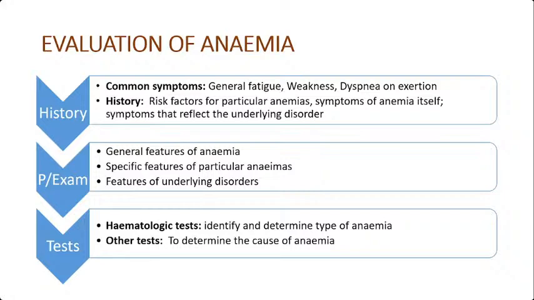So when we come to tests, there are hematologic tests, which will identify and determine the type of anemia that is present. And then there are the other tests to determine the cause or the specific diagnosis causing the anemia. So that is the three-pronged approach that we use when we are evaluating an anemia.